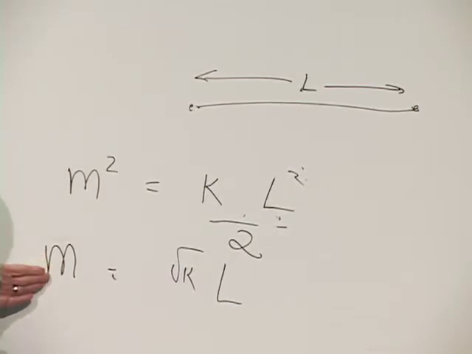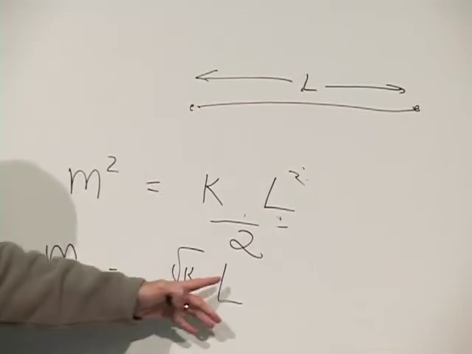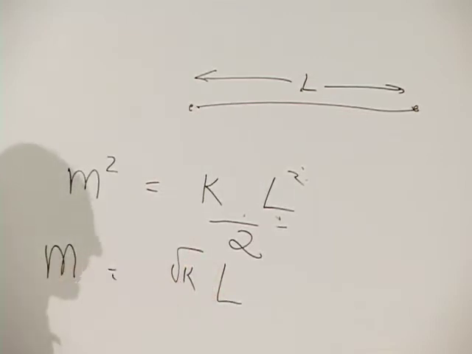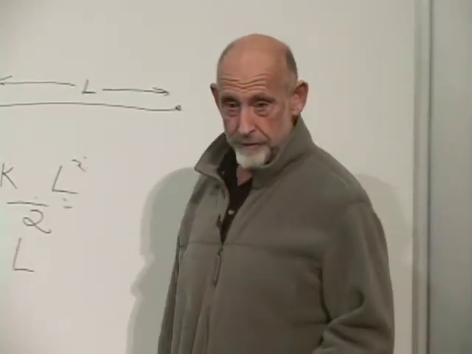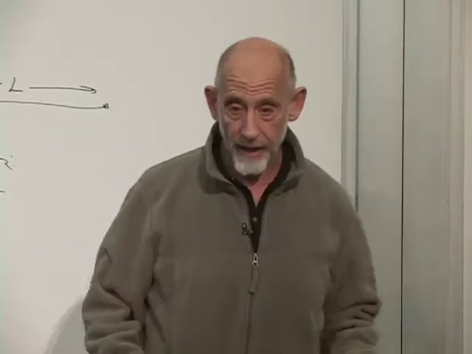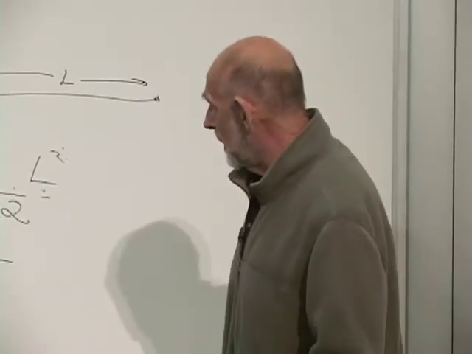So the mass of a stretched string is proportional to its length times some parameter, which I've called the square root of K. The square root of K has another name. It's called the tension. It's the tension in the string, the energy per unit length.